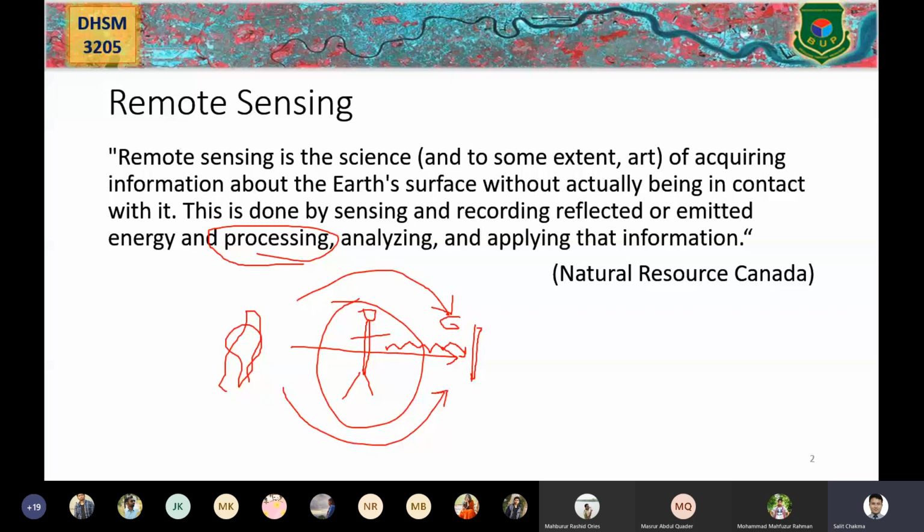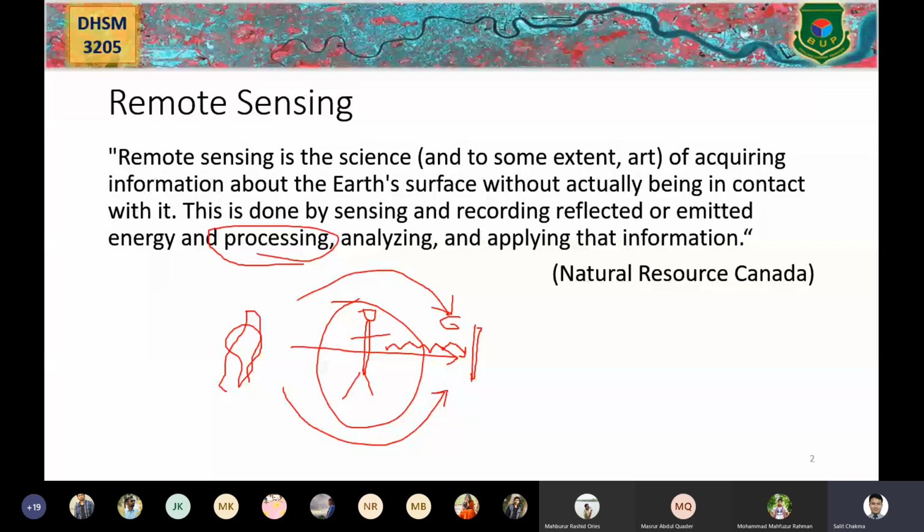For example, Mars. We try to observe the surface of Mars. We try to observe the surface of Jupiter. We try to observe the surface of the Moon. And sometimes with telescopes and other scientific tools, we try to monitor the surface of the Sun. How is it changing?